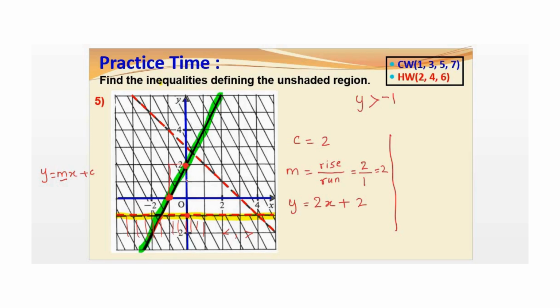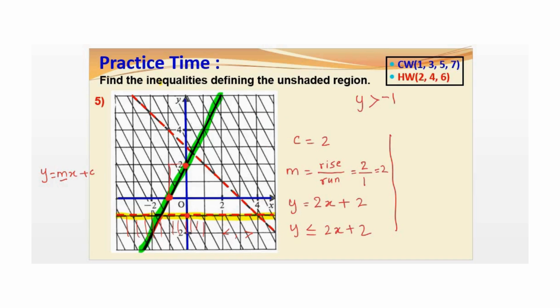So we are making the inequality for the unshaded part. Ground means lower values. So you will say y is less than or equal to 2x plus 2. Do you understand why it is less than or equal to? Because it's a solid line. That's why we have to write the less than or equal to symbol.